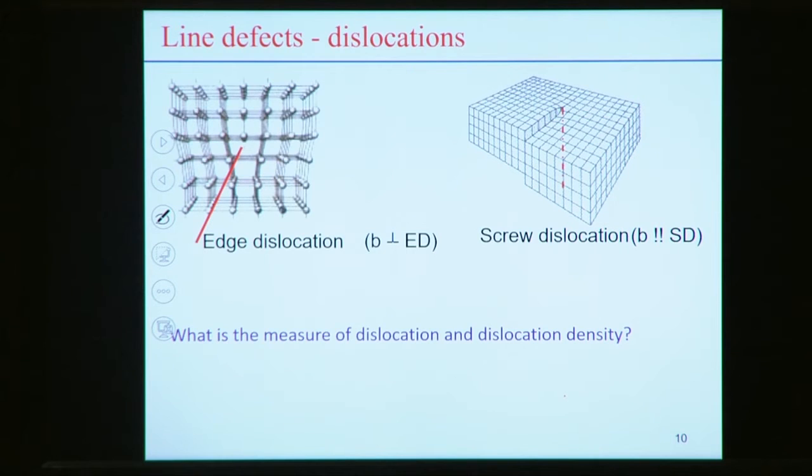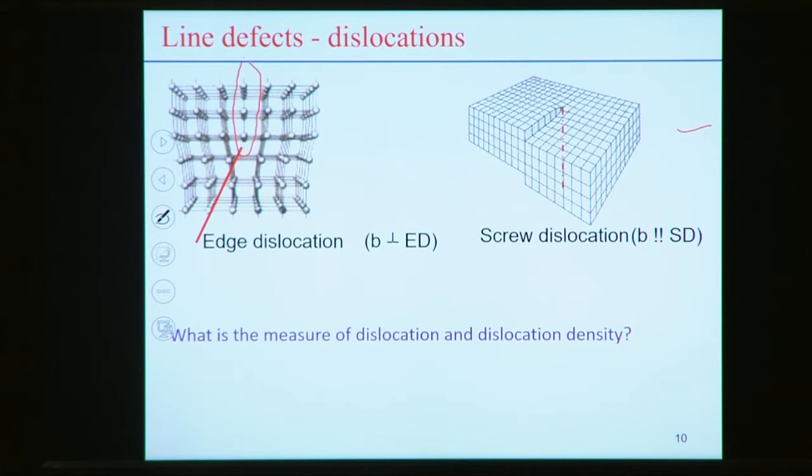This is a simple schematic representation of an edge dislocation, and here you see the schematic representation of the screw dislocation. It can be explained like this. For example, there is a regular arrangement of the atoms. Now if you look here, this extra plane of atoms disturbs the regular arrangement of the atoms, but it happens within the metal itself.